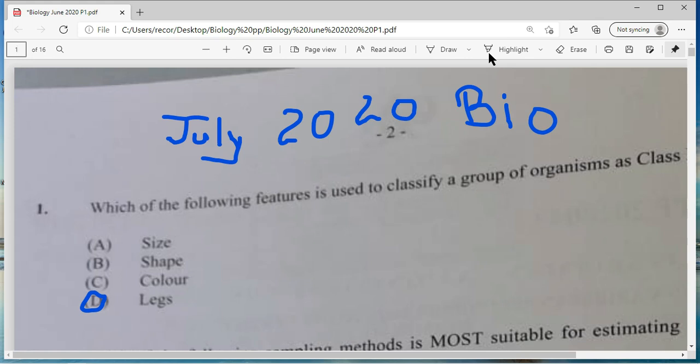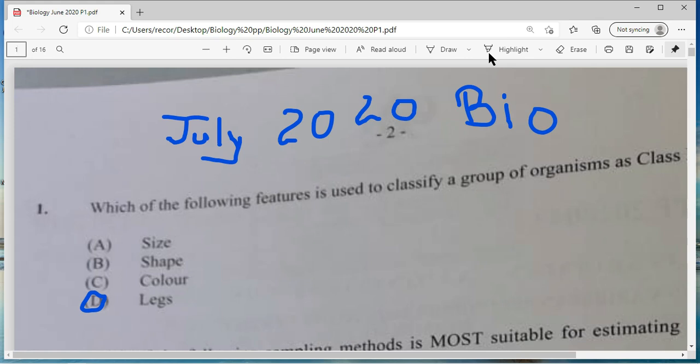Let's hop on into the questions. Item number 1. Which of the following features is used to classify a group of organisms as, of course, class insect? Now, A here being size, B looking at shape and color.